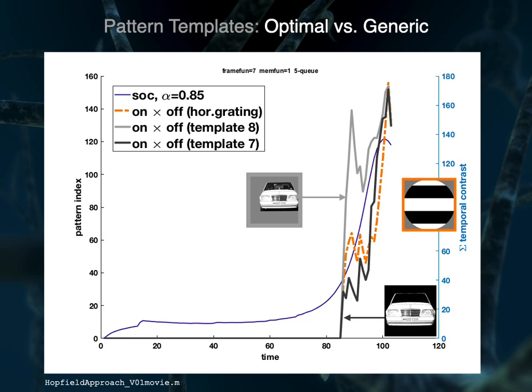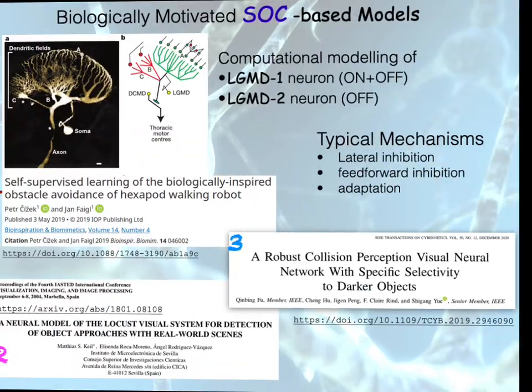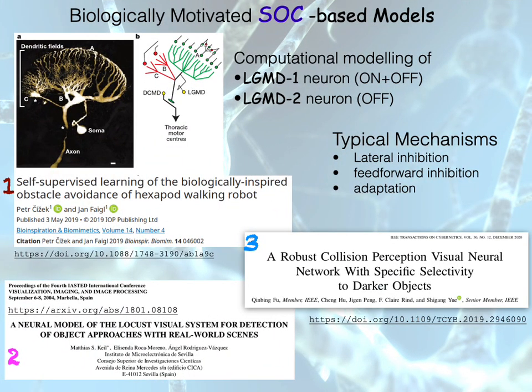So now you know everything that you need to know to compare biologically motivated SOC-based models with a new model that is based on Hopfield networks. The biologically inspired SOC-based models are based on what we know about a neuron that is called LGMD, which means Lobular Giant Movement Detector Neuron. This is a very big neuron in the visual system of the locust.